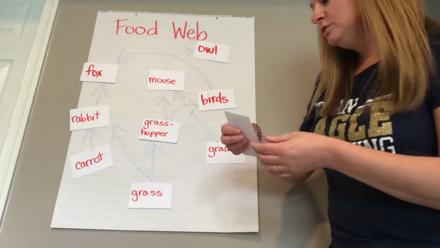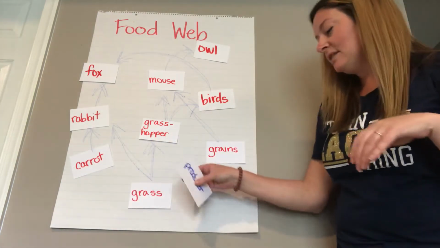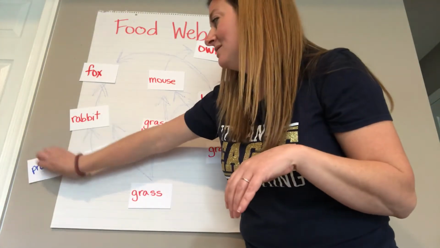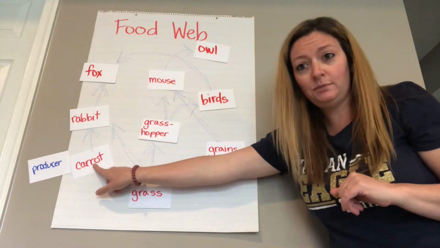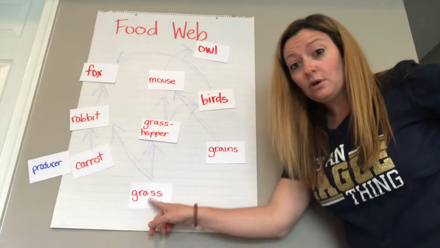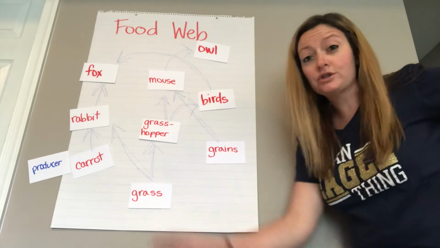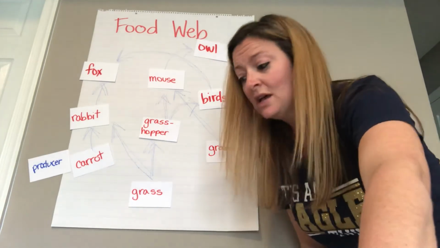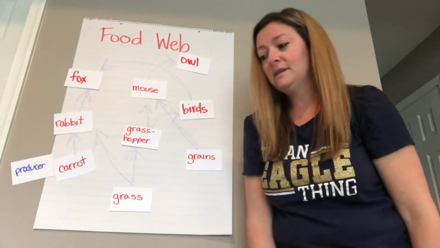All right, so you should remember that your producers are going to be down here at the bottom. So in this food web, the carrot would be your producer, the grass would be your producer, and grains would also be a producer. Remember, producers get their energy from the sun.